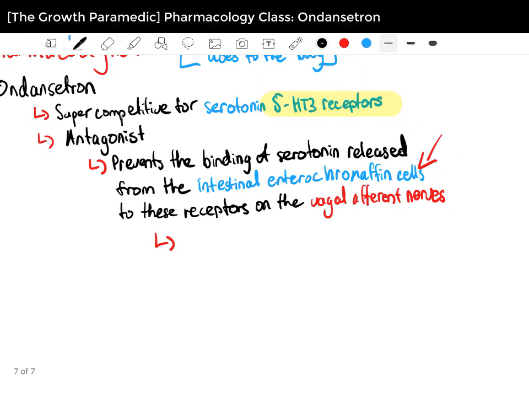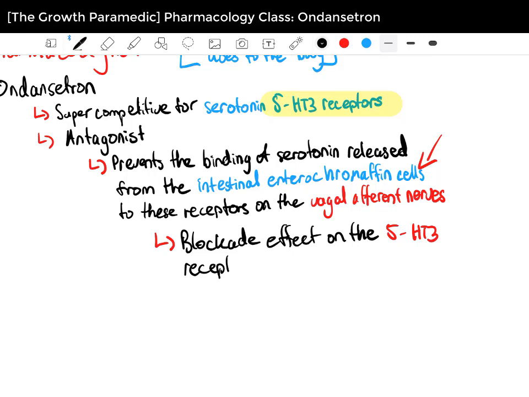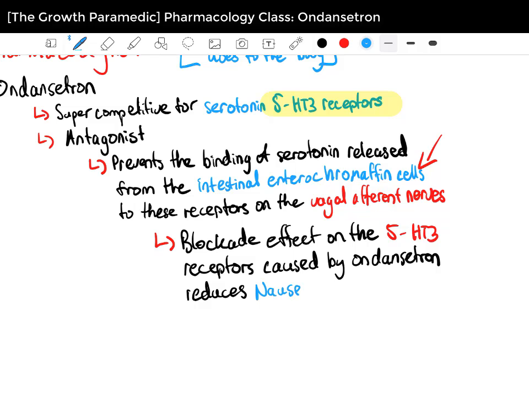This blockade effect on the 5-HT3 receptors caused by Ondansetron reduces nausea and vomiting.